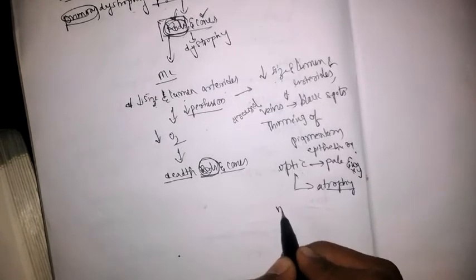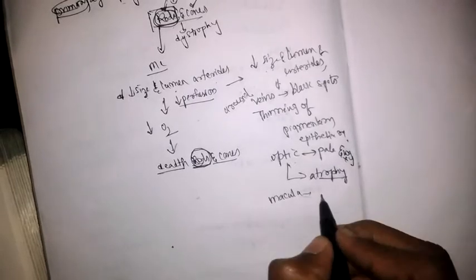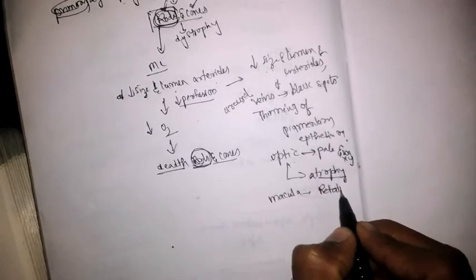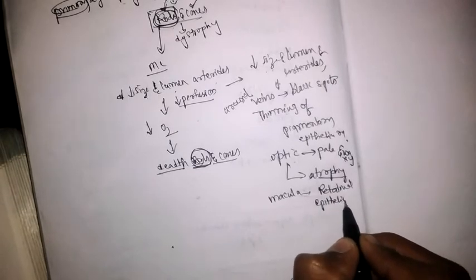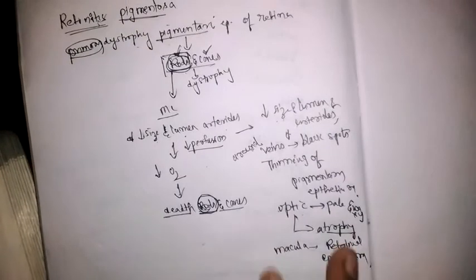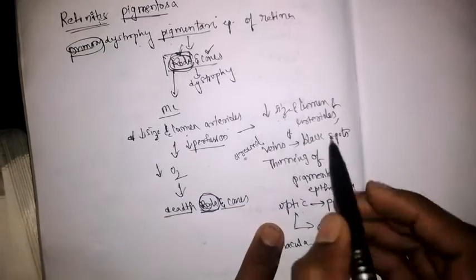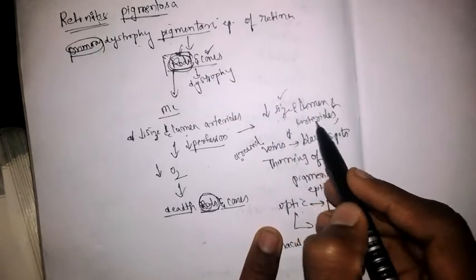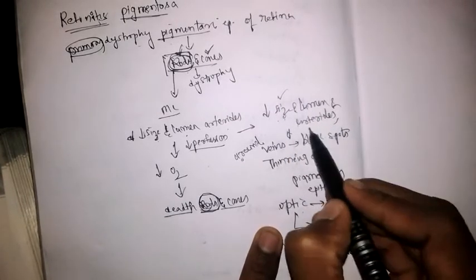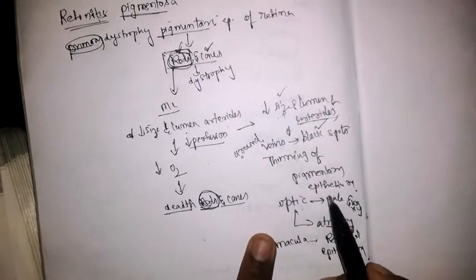If you see the macula, around the macula you will see some retained epithelium, right? So if you see these changes at fundus level, you see decreased size of arterioles, and the lumen will also get reduced. Around the veins you see black spots.